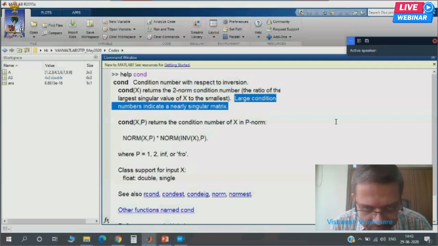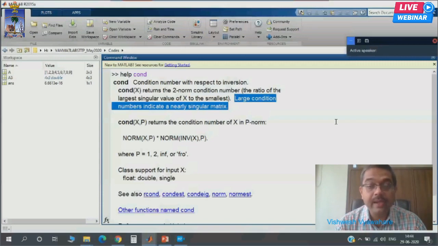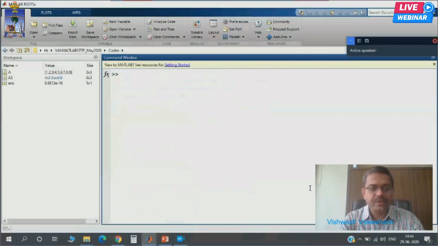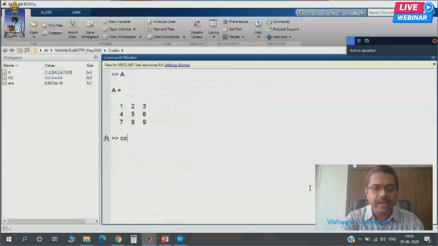In the pre-lunch session, we have seen one such matrix, that is the Hilbert matrix. It has got a very large condition number. So can we calculate the condition number of all such matrices, and check if they are really very large? Let's do it. So again my A, and I will write cond(A).